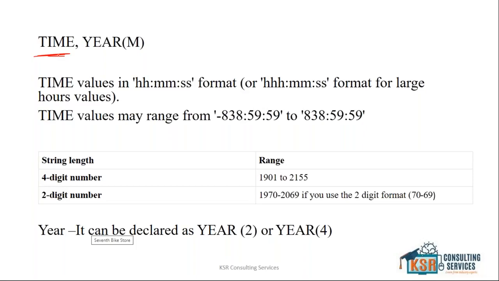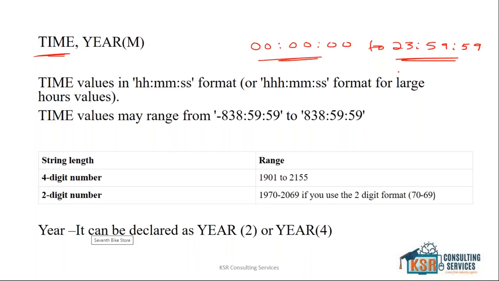So what exactly is going to happen? The time will start at 00:00 and go on until 23:59:59. This is the start of the day, this is the end of the day.